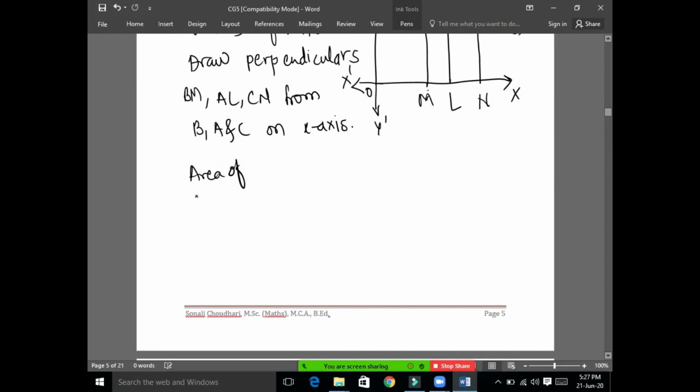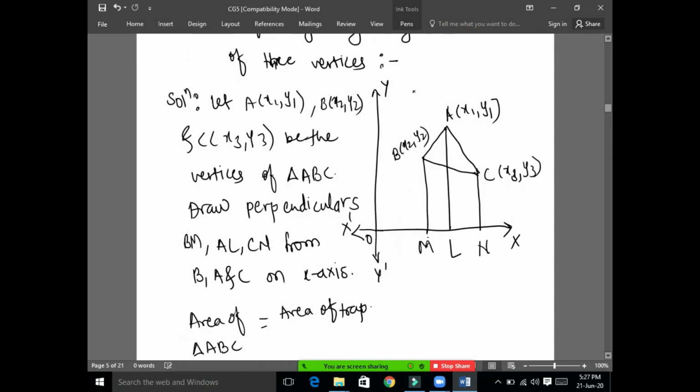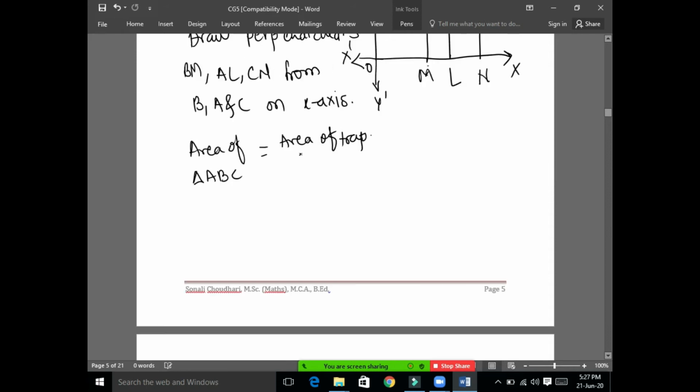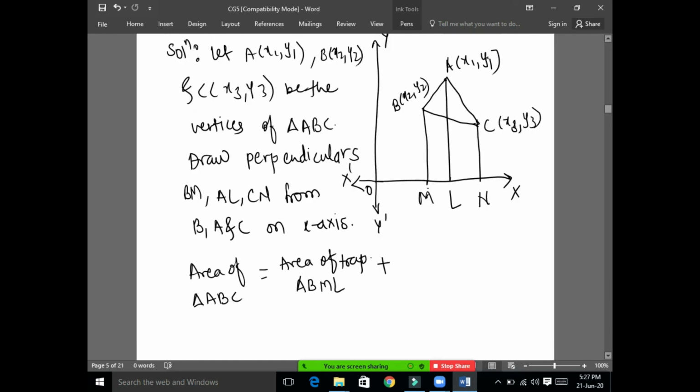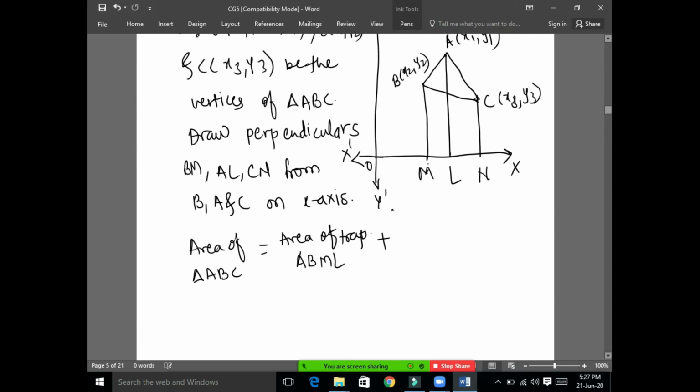So area of triangle ABC is equal to area of trapezium ABML plus area of trapezium ACNL minus area of trapezium BCNM. These two trapeziums make the whole figure, but we only want ABC, so we subtract BCNM.